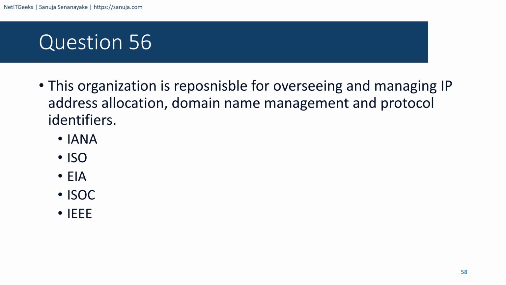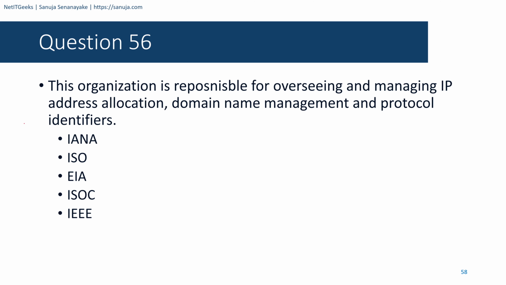EIA is basically the Electronic Industries Alliance. ISOC is the Internet Society, and IEEE is the Institute of Electrical and Electronics Engineers.